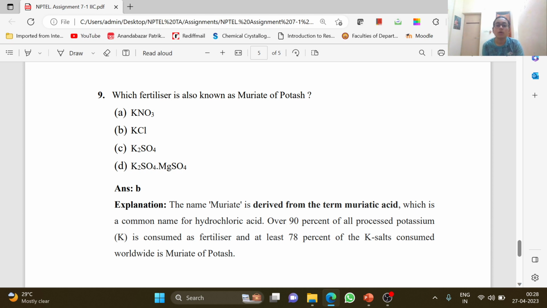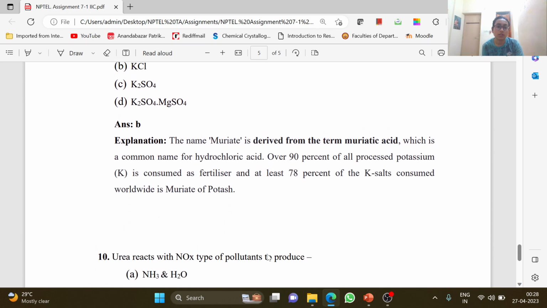Over 90% of all processed potassium is consumed as fertilizer, and at least 78% of the potassium salts consumed worldwide is muriate of potash. So muriate of potash means a similar kind of salt of potassium as hydrochloric acid, that is potassium chloride, KCl.